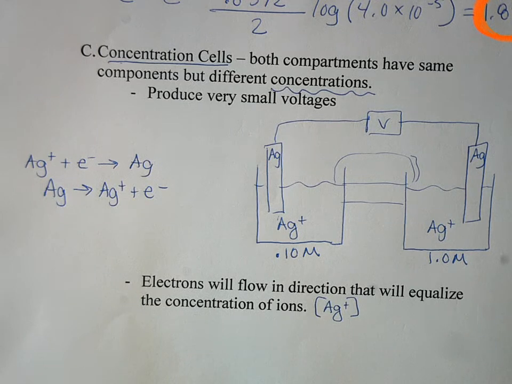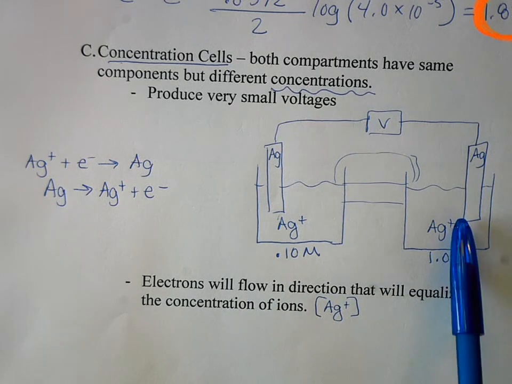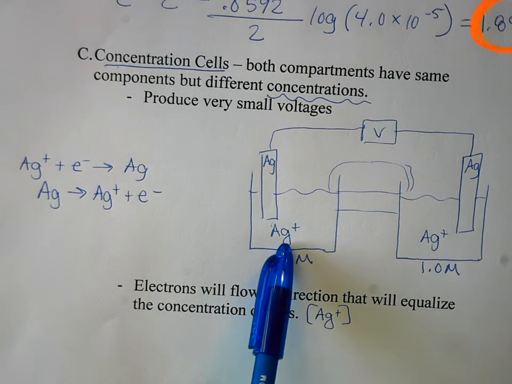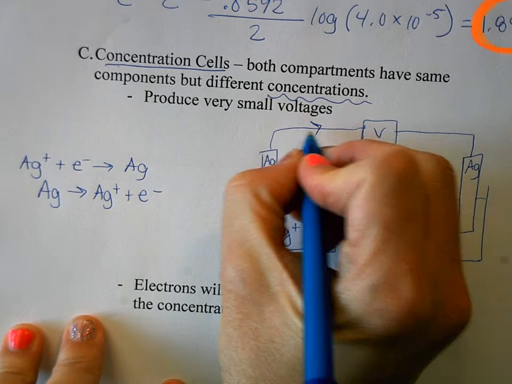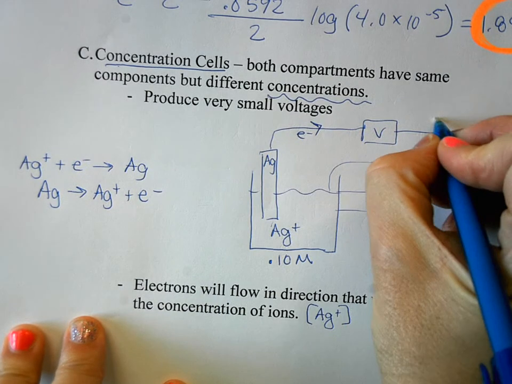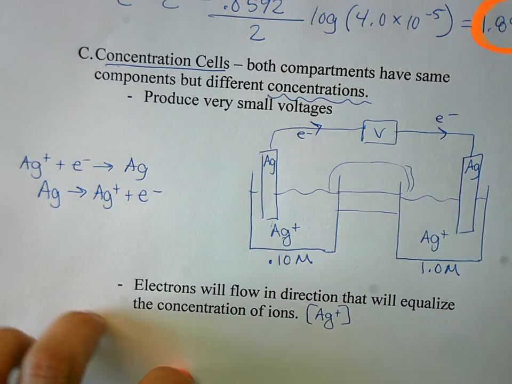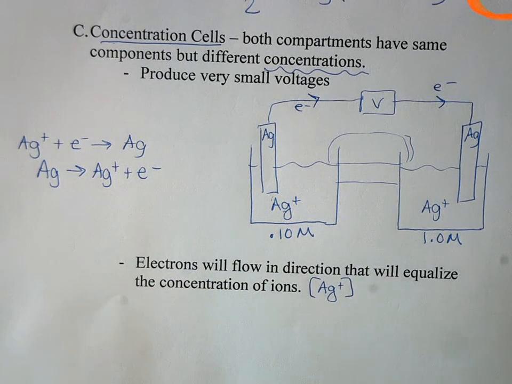Does that make sense? Because they want to equalize concentration of ions here, and I've got less silver here, this side is going to give up electrons so that it's going to increase my amount of silver ions there.